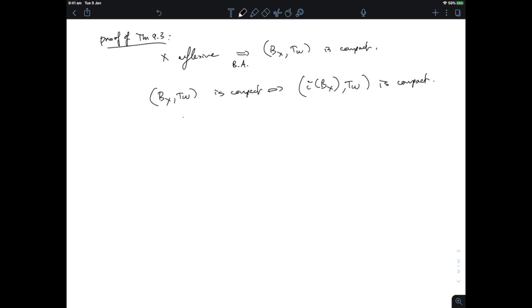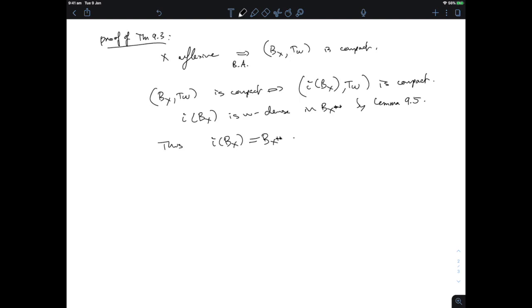Okay, but it is also weakly dense in bx double star by Goldstein lemma 9.5 that was. So you have something that is weakly dense and weakly compact, so in particular weakly closed. So this tells you that it has to be equal to bx double star. It's equal to its weak closure, and its weak closure is bx double star.